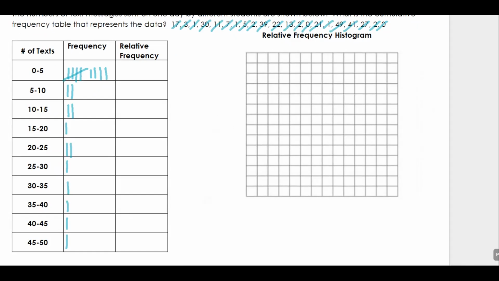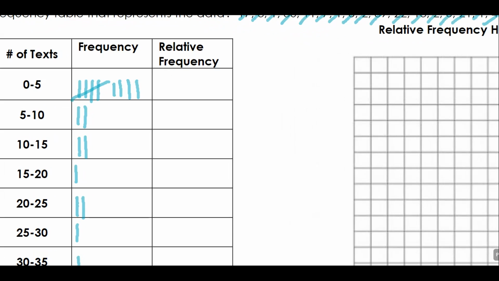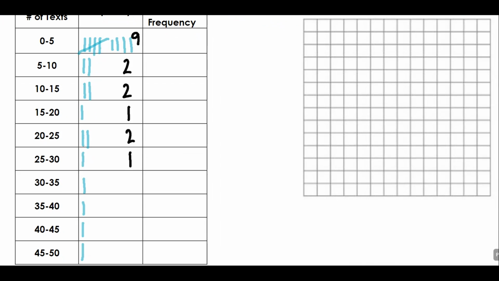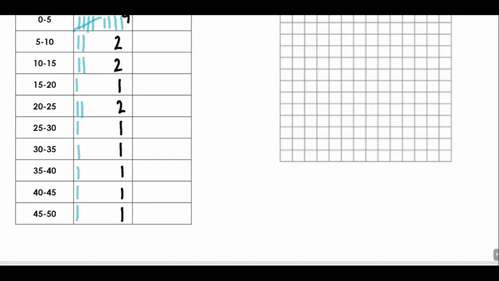Okay, so counting those up, let me write these in. Okay, so 0 to 5, this is going to be 9. This is 2, 2, 1, 2, 1, 1, 1, 1, 1.